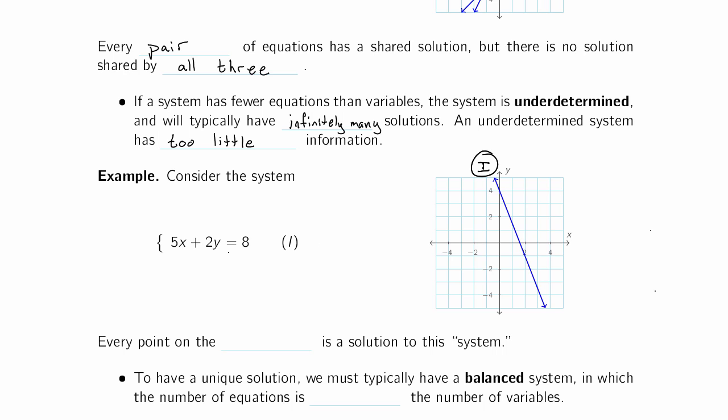So here's the graph of 5x plus 2y equals 8. And you can see it's just a single line. Every point on the line is a solution to this quote-unquote system. It feels strange to call that a system because it only has one equation.